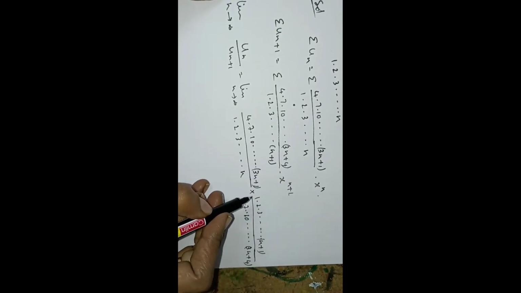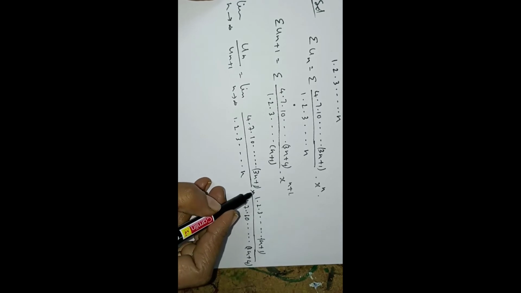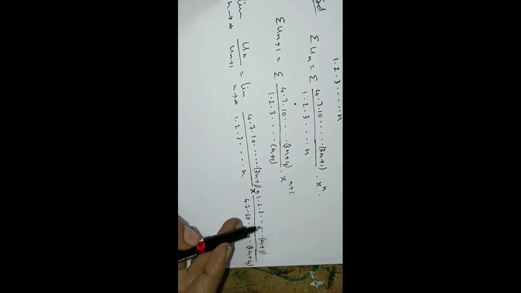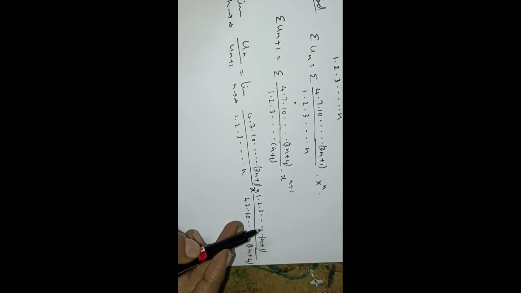For un, x to the power of n is there. If you write it, it will become reverse, that is equal to, you will get in the denominator 1 by x to the power of n plus 1. x to the power of n gets cancelled.